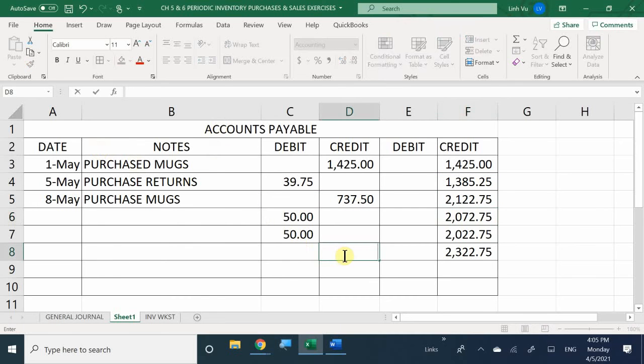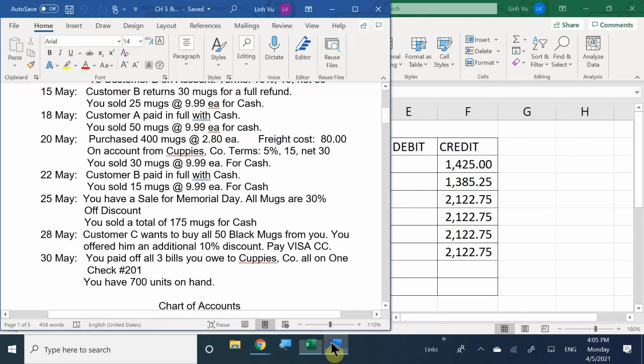I'm going to go ahead and erase that. So here, I added another bill, I charged another account for $737.50. Now, let's see what happened next that very same day.